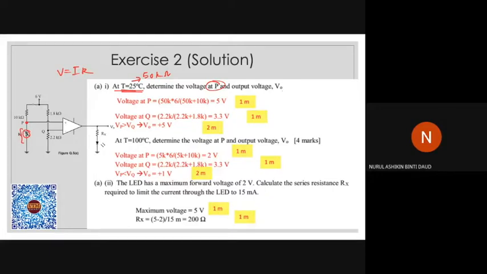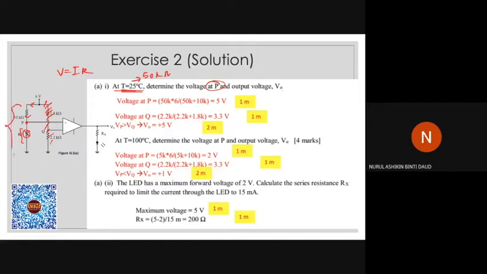So you need to know what is the flow of current here first. So ignore this part, only focus on this part. We assume that since this voltage is parallelly connected, the voltage is divided into two.